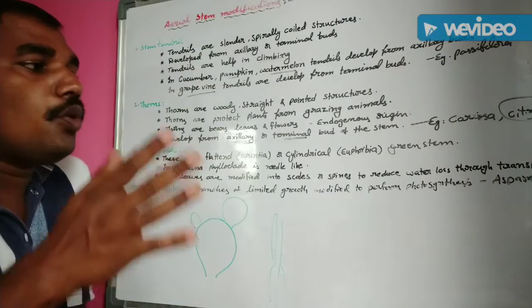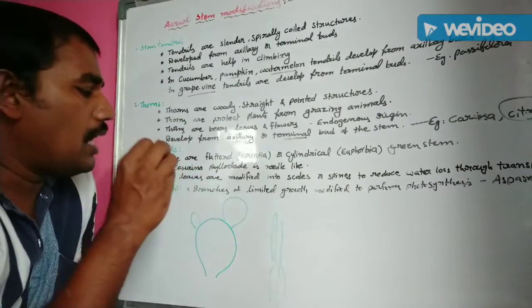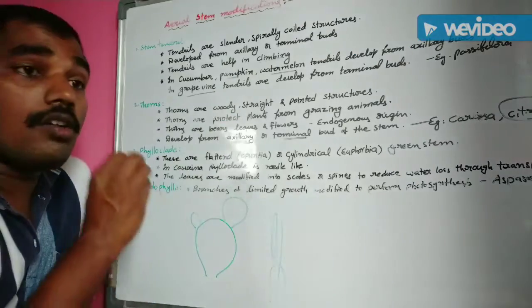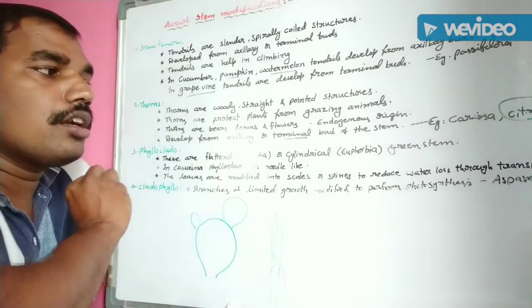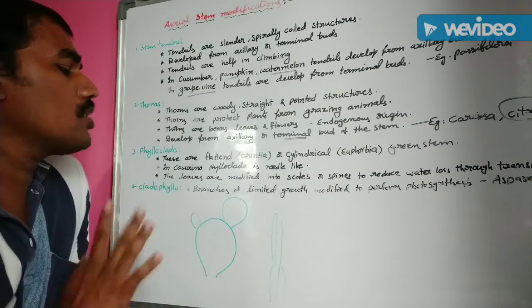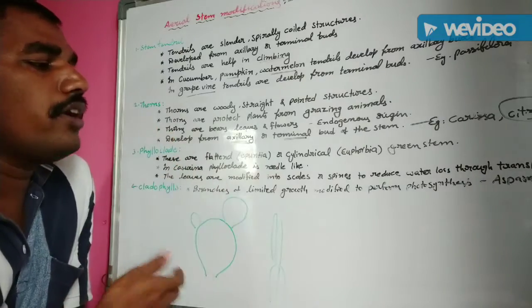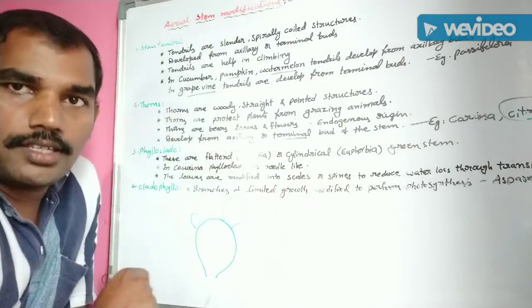Because only a little amount of water is available to this plant, the plant reduces water loss through transpiration. Because of this reason, the leaves are modified into either scaly leaves or spines.